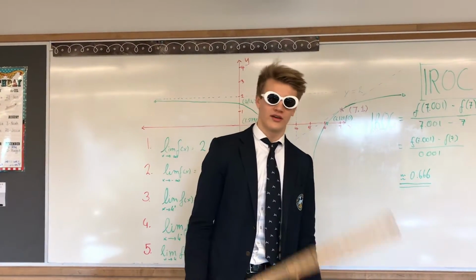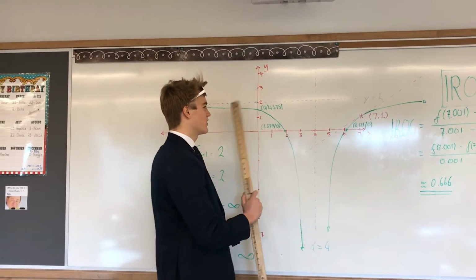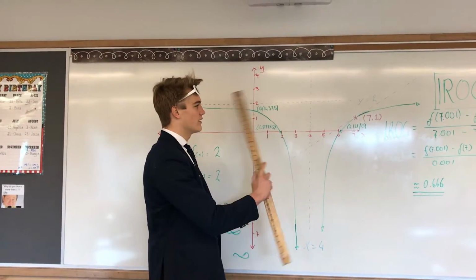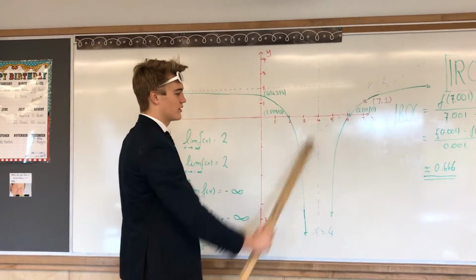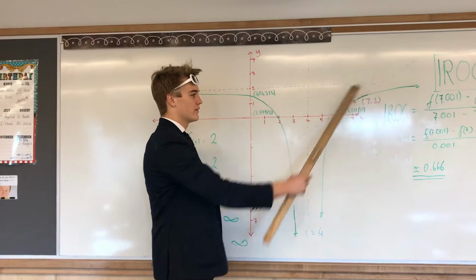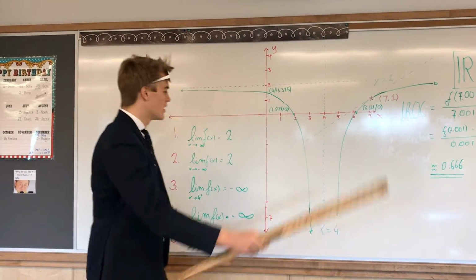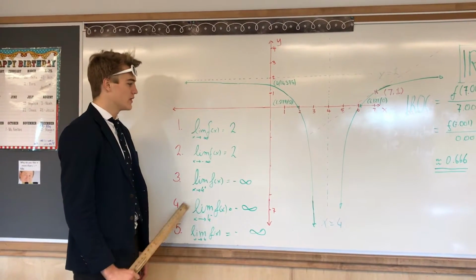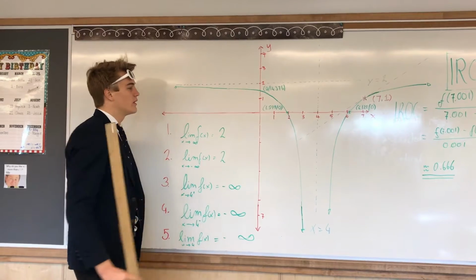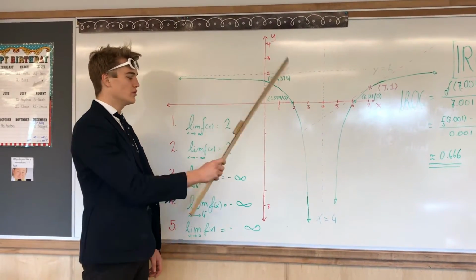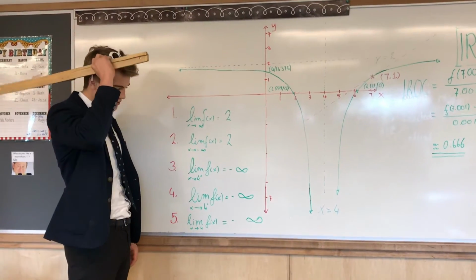Thanks, Shannon and Abby, for your key points in this function. If we take a closer look at this function, we can see that it is going to look like this. So we have the horizontal and vertical asymptote and the x and y intercepts, like Shannon and Abby told us about. Looking at the long run behavior, we can see that as x goes towards infinity, it will be 2, and going towards negative infinity, it will be 2 as well.